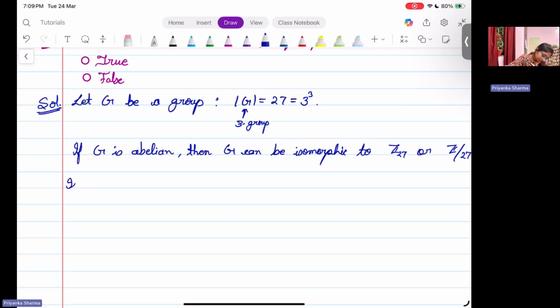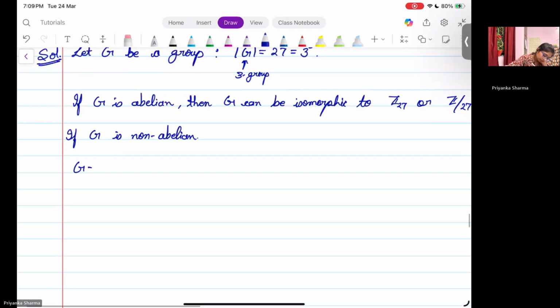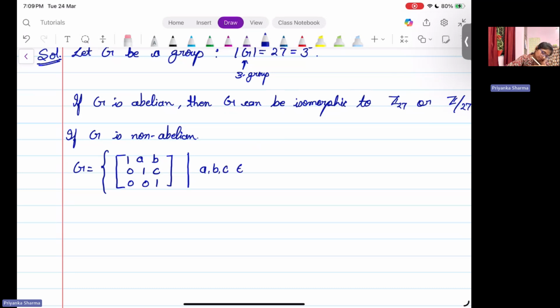Now, what if G is non-abelian? Consider this group. G is the collection of matrices of this form: 1 A B, 0 1 C, 0 0 1, where A, B, and C are coming from Z3, or say Z mod 3Z.